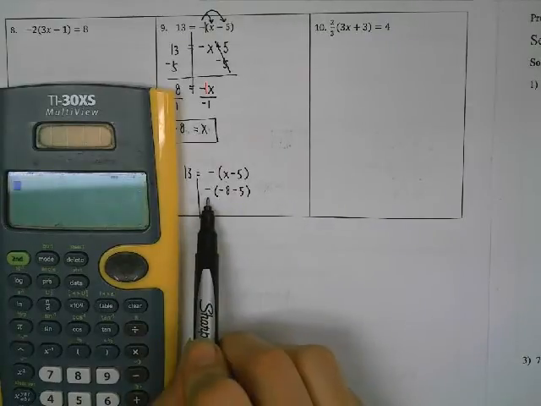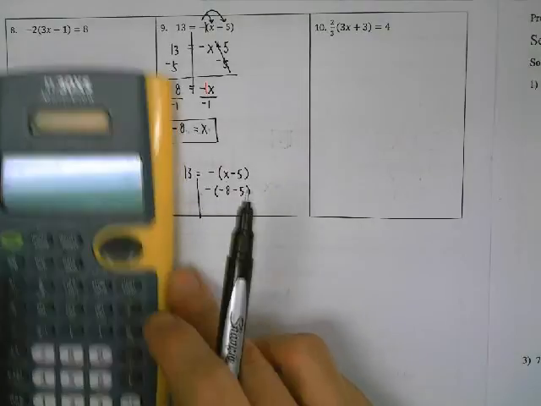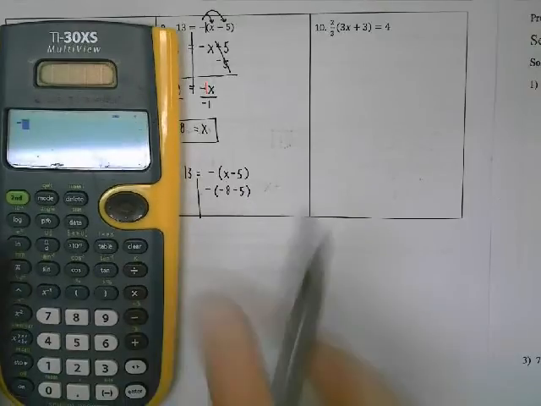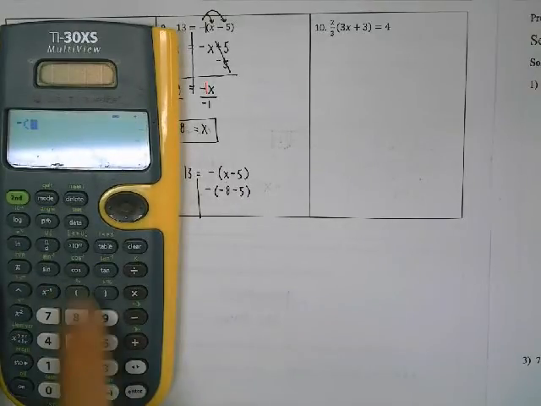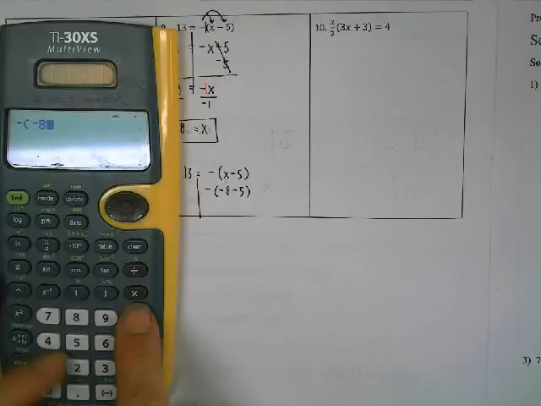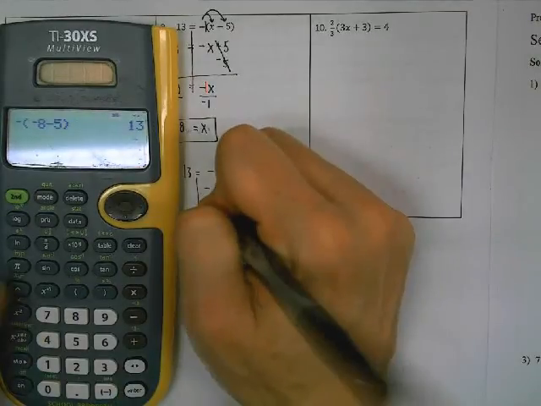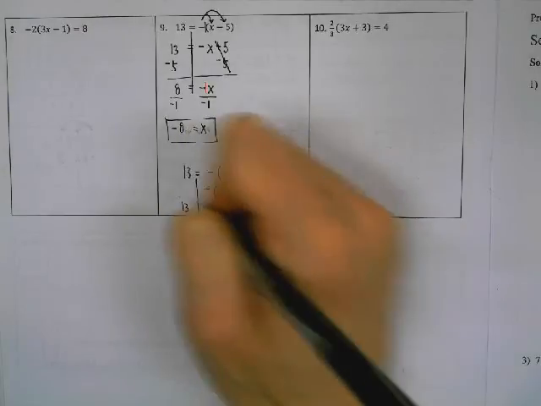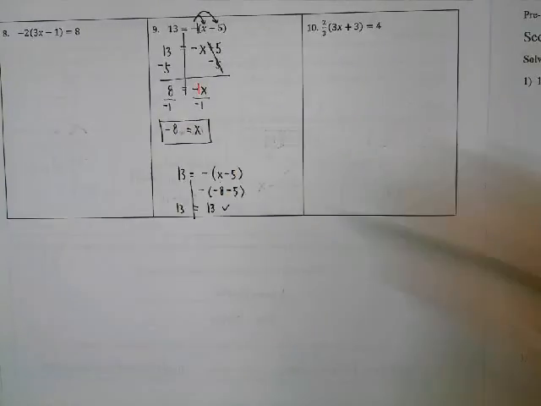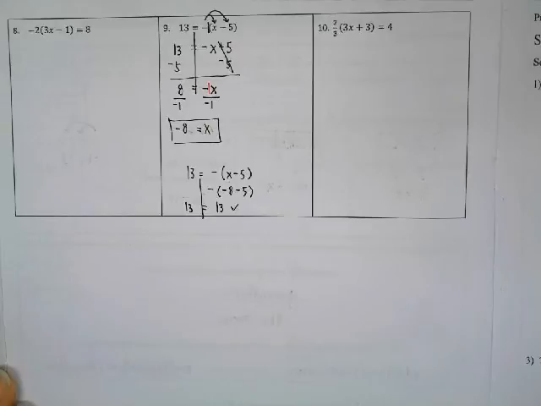So now I'm just plugging this in. So I have a negative, right? I'm using my negative key down here. So negative parentheses, negative 8 minus 5. And that gives me a positive 13, which is what I was looking for.